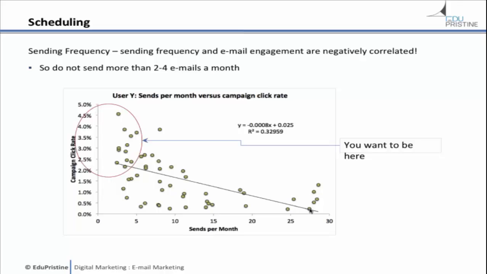I mean, email as a communication channel is very good. But if you look at this, you will know that if you send more than 4 or 5 emails, your campaign click rate will reduce because it is negatively correlated. So you have to be very careful when you're sending out these scheduled emails.